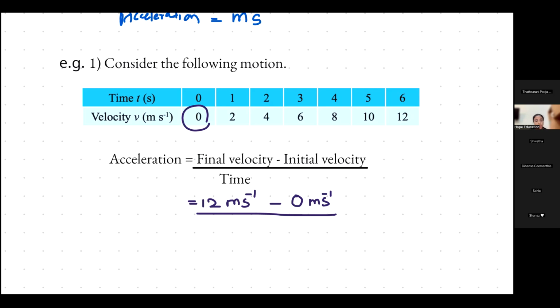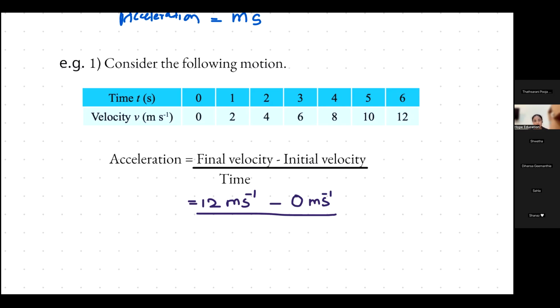In the future, we are going to get questions where the initial velocity also has a value. It's not always zero. Most of the time, there is a value for initial velocity as well. So it's better to put initial velocity as well. Include it in the equation. Okay?